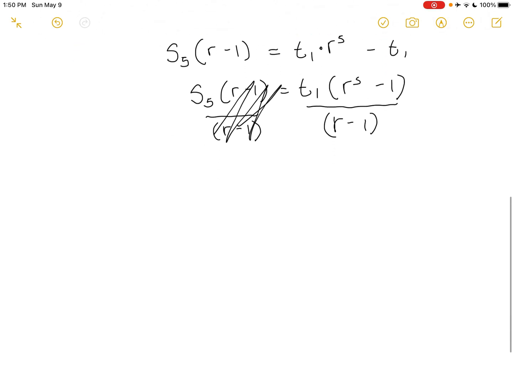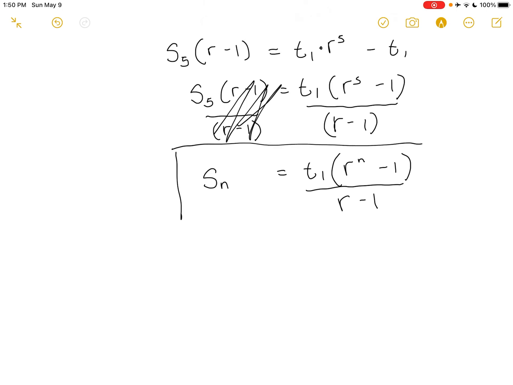So if we want the general formula for the nth sum of a geometric series, it's this. Sn equals T1 times r to the n minus 1 over r minus 1. Okay, that is the general formula for the nth sum of a geometric series.